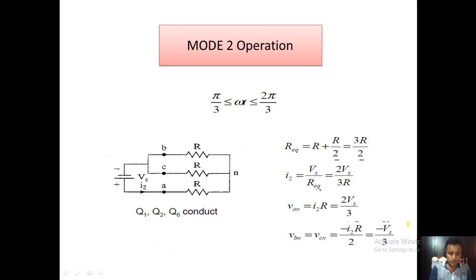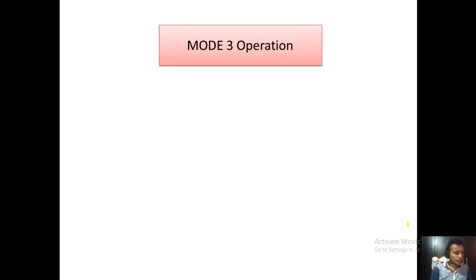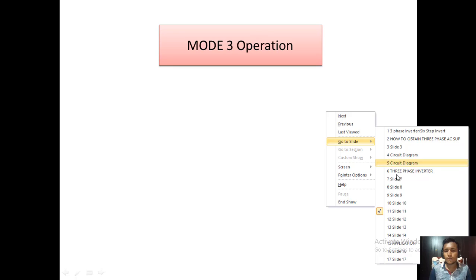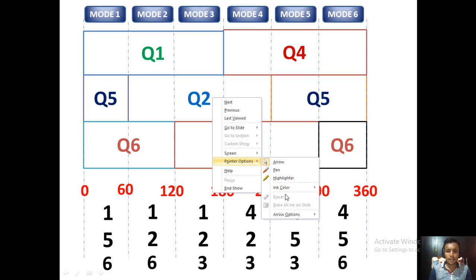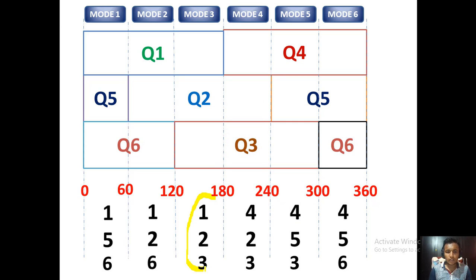Now similarly we enter mode 3. In mode 3, that is the 120 degree to 180 degree mode of conduction, you can see that thyristors 1, 2 and 3 are on.